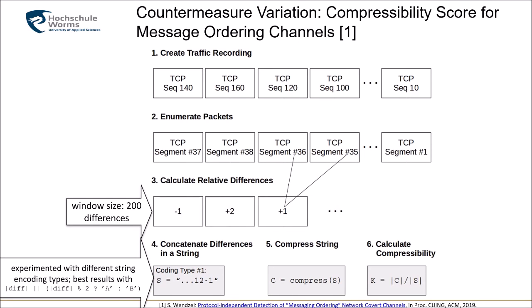And then I encode this in a string. The easiest way would be to just write these numbers behind each other and then the string is done. That didn't perform so well. What performed best was to write down the absolute difference concatenated with the absolute difference modulo 2, and depending on whether it's 1 or 0, I would concatenate an A or a B. So that worked well.